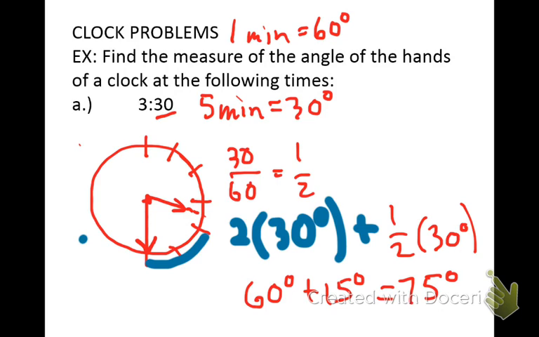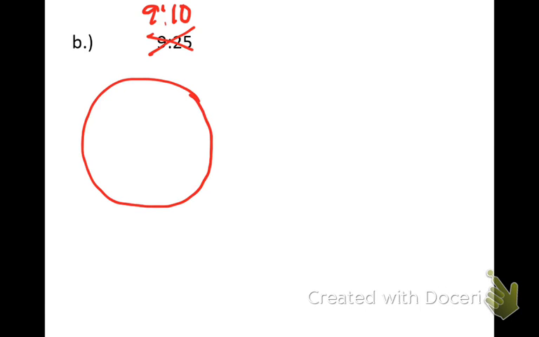So let's do the next example. Let's do 9:10 instead of 9:25. So cross that out. We're going to do 9:10. I draw my clock. I put my 5 minute marks on there.